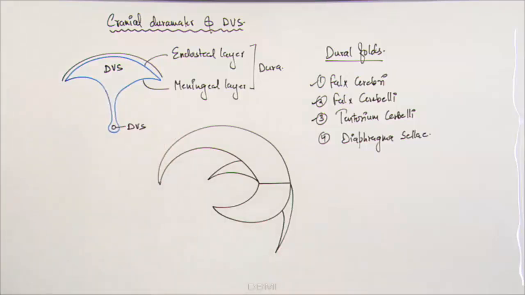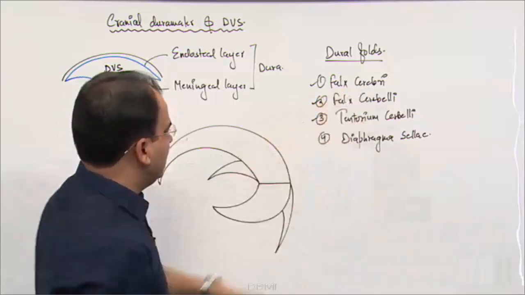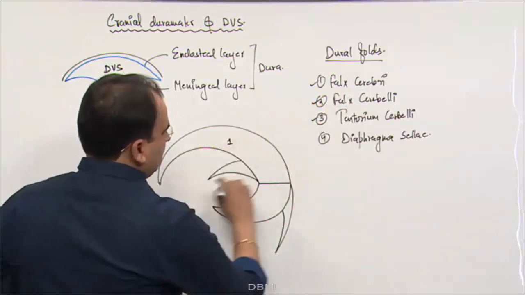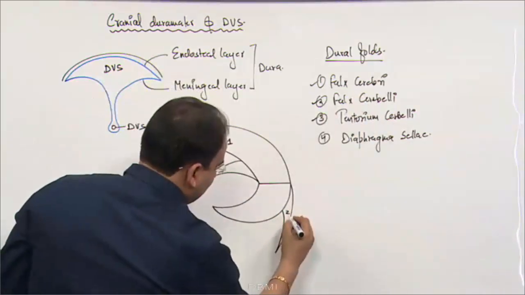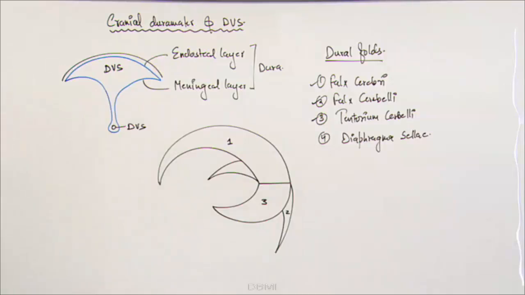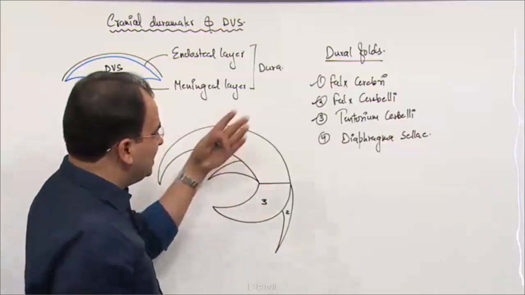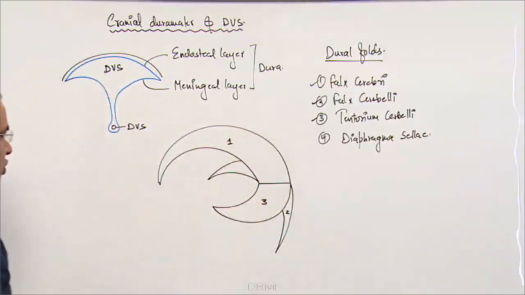This is called falx cerebelli. I'll just go with the numbers so that I will not label it unnecessarily here. 1 is falx cerebri, 2 is falx cerebelli, and 3 is tentorium. So you can correlate there. Between the two cerebral hemispheres is falx cerebri, between the two cerebellar hemispheres is falx cerebelli, and between the cerebrum and cerebellum is tentorium.